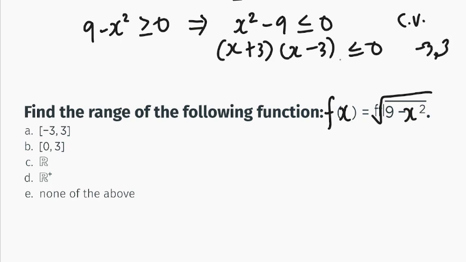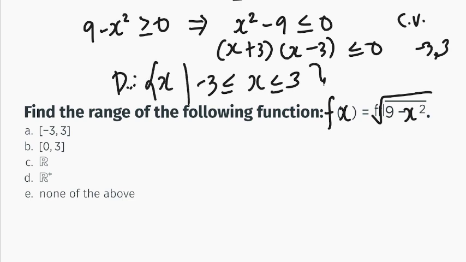And since it's less than, we have x greater than or equal to negative 3, but less than or equal to 3. What is the domain? The domain is the set of x values such that x is greater than or equal to negative 3, but less than or equal to 3.